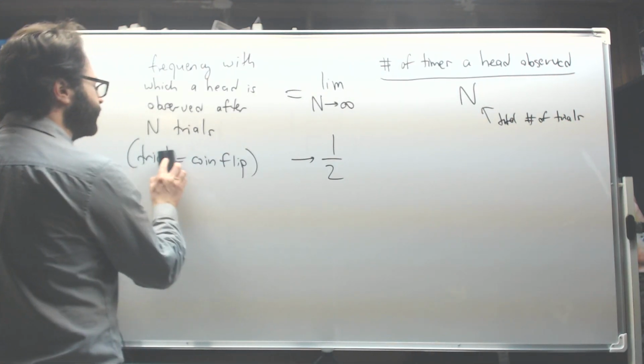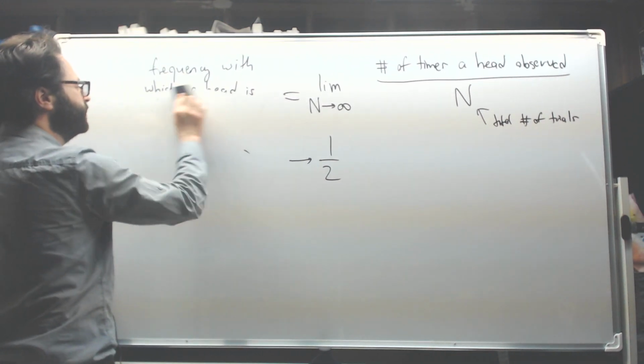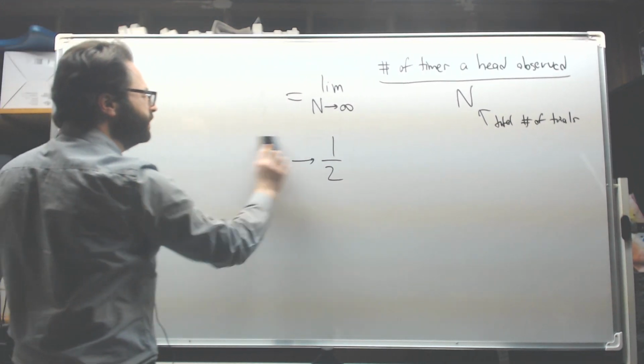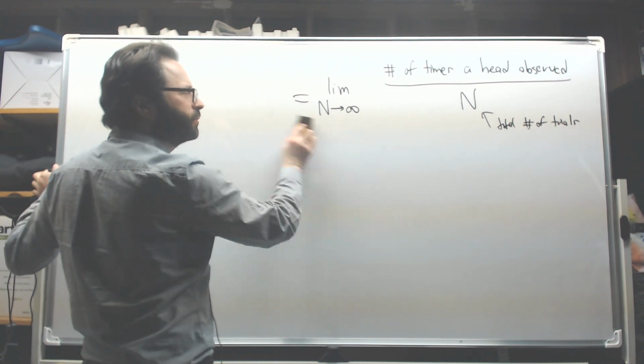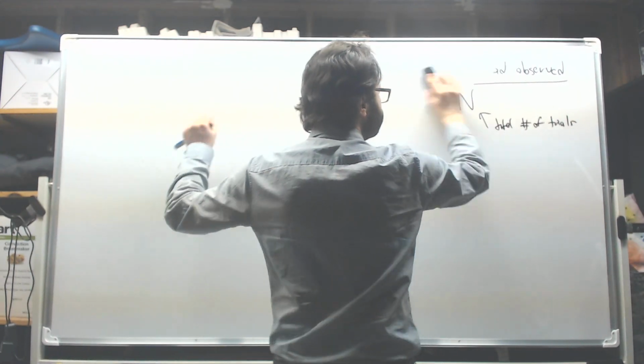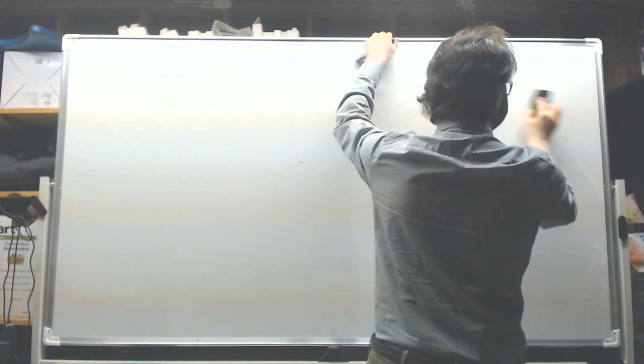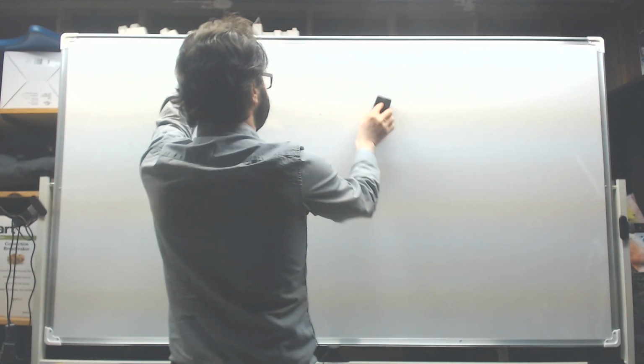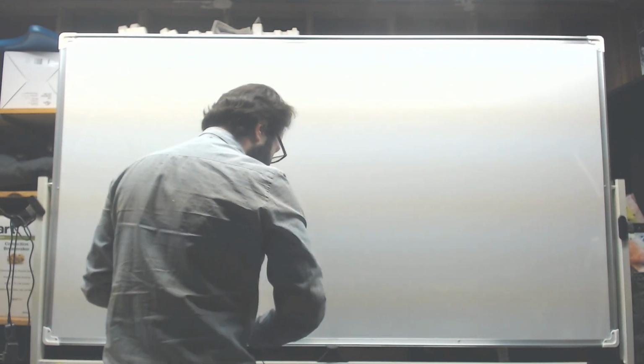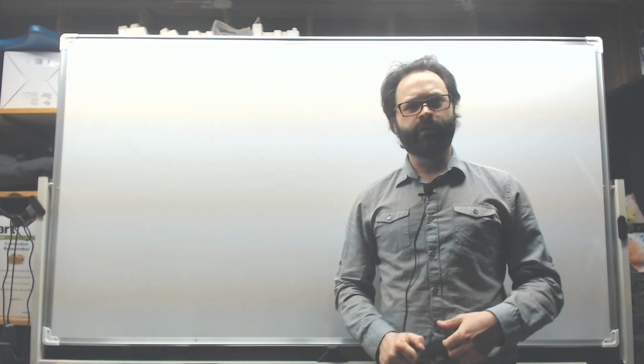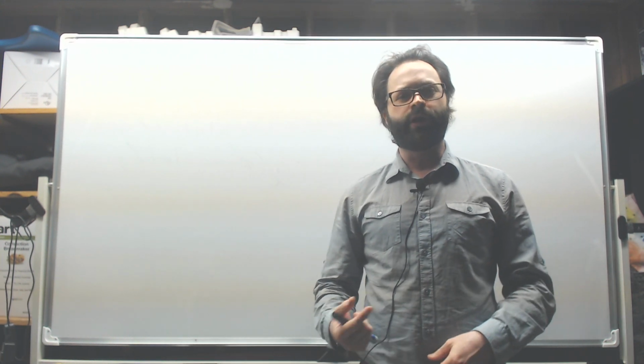Here's what we're going to say. So I'm going to erase this, and we're going to define probability, having understood these subtleties that we just discussed, in the following way. We're going to imagine that there's some set of inferences. For example, an inference might be that after a coin toss, a head is obtained. Another inference would be that after a coin toss, a tail is obtained.